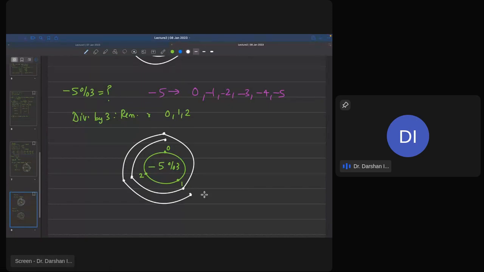So what is the answer? 1. Yes. Got the answer. Therefore, minus 5 modulo 3 is equal to 1. As simple as that. So it helps a lot over here.